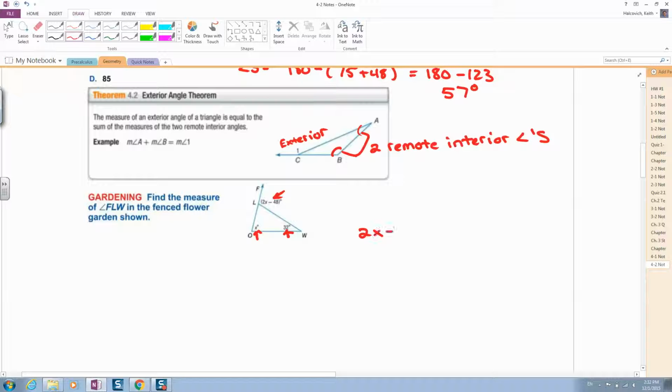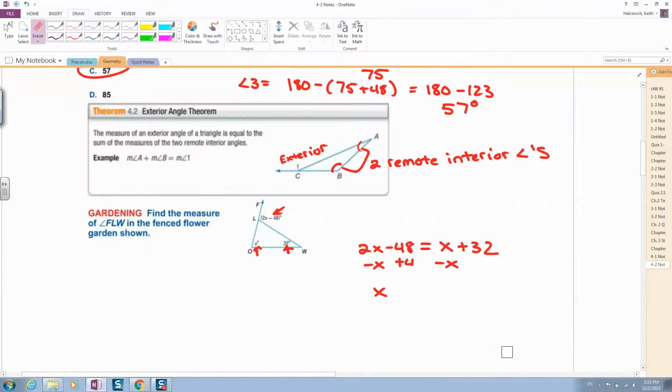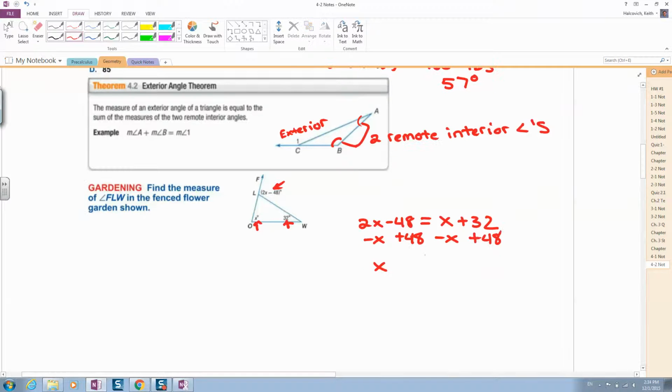So for example, in this picture here, this is an exterior angle, and here are the 2 remote interior angles. So you know that 2x minus 48 is equal to x plus 32. So we subtract x and add 48, so x equals 32 plus 48, which is 80.